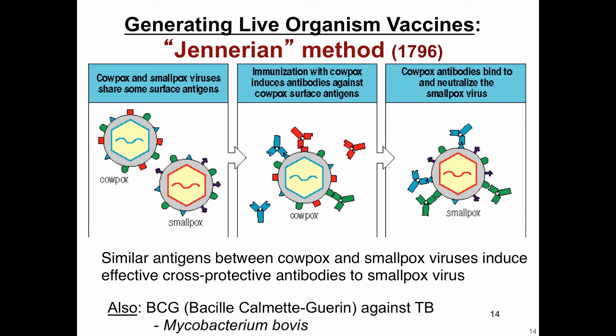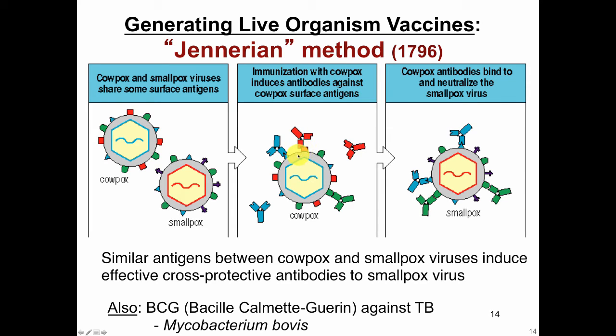So first, let's talk about live organism vaccines, and this really refers to the Jennerian method, where Edward Jenner noticed that vaccinating people with cowpox induced protection against smallpox. The reason for that is outlined in this cartoon here. Because the cowpox organism and the smallpox organism are related, meaning that they share antigens, if you mount an immune response against the cowpox virus, here you have antibodies that recognize the red or the blue antigens.